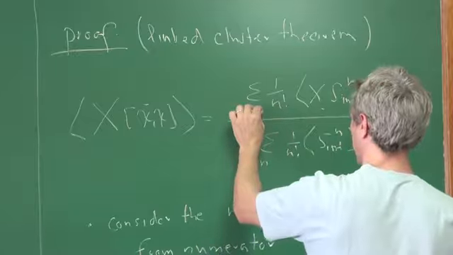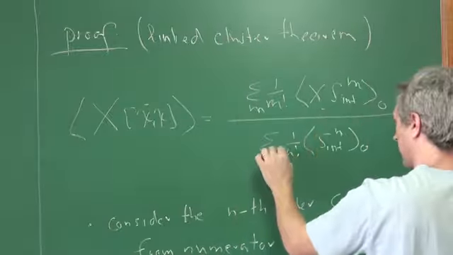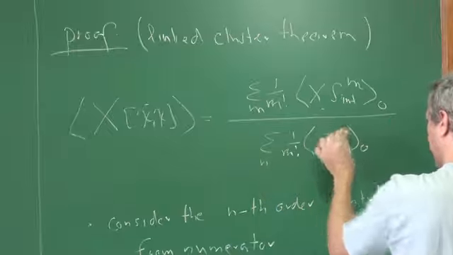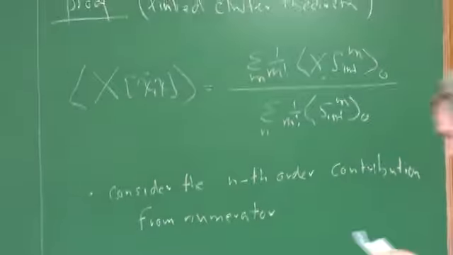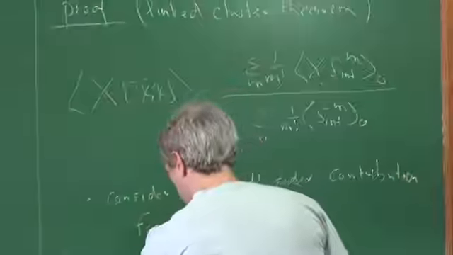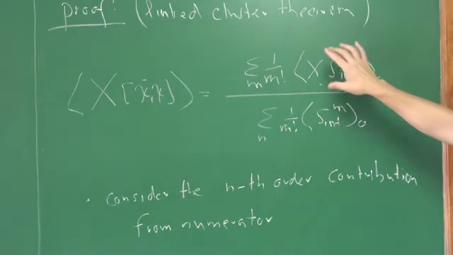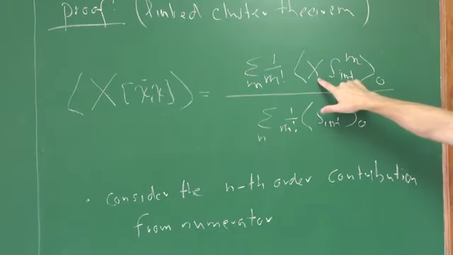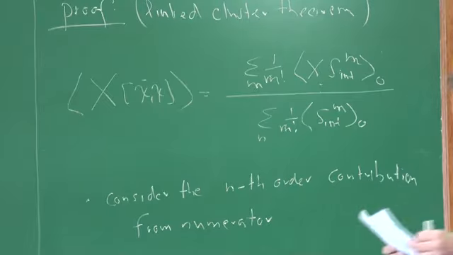Maybe we should have called this m, just to not make any confusion. So let's look at the nth order contribution from the numerator and think about what we will do. Well, we will write this as the external legs, determined by x, and then n such interaction vertices, and just draw all the diagrams.